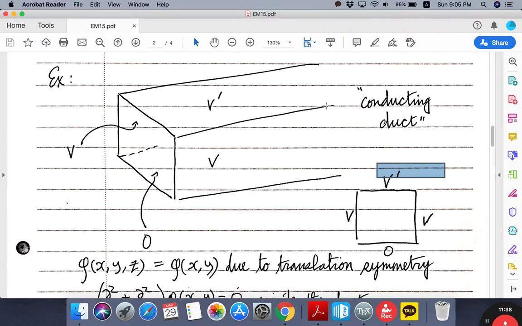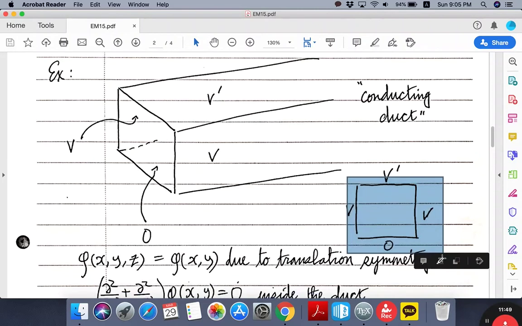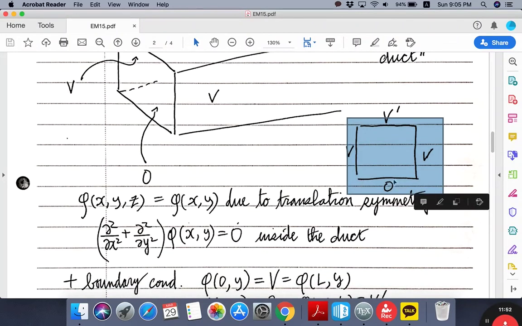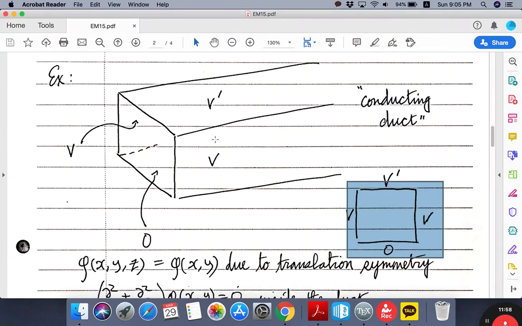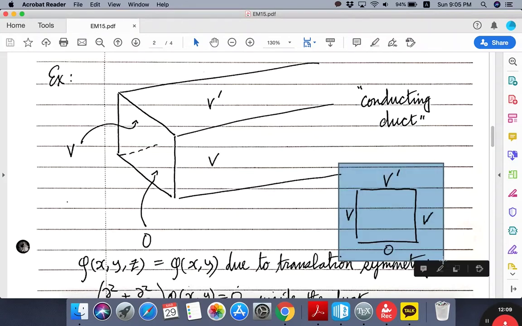Okay, so it extends to an infinite distance in this way, infinite distance in the other way, and the cross section has the shape of a square with linear dimension L on each side. And this consists of metallic material, so each side can be put at a specific potential.